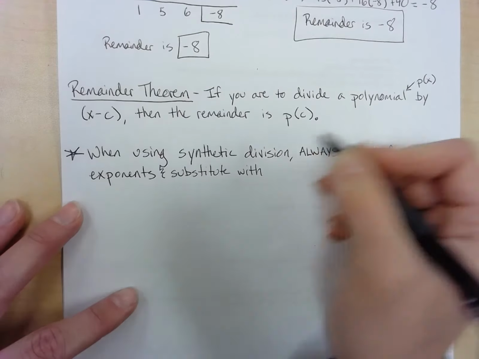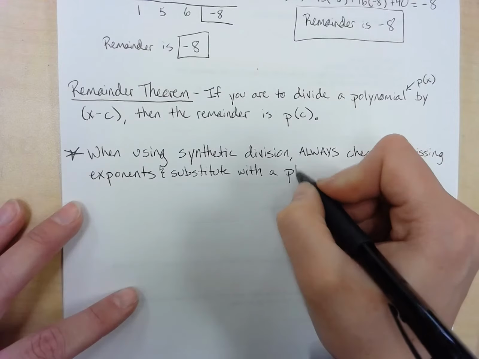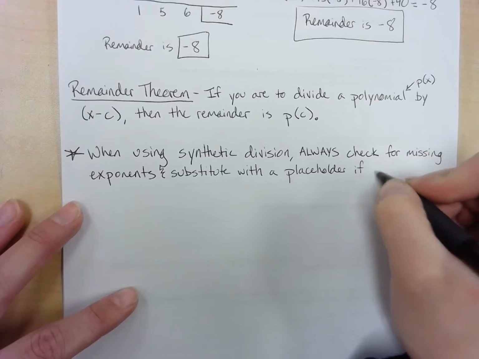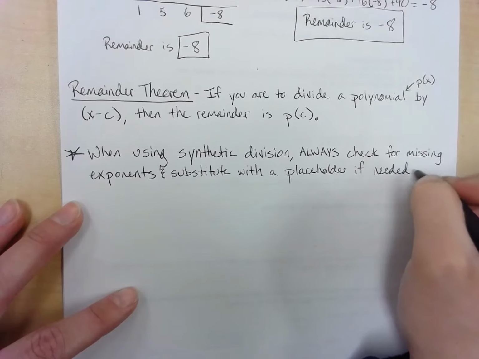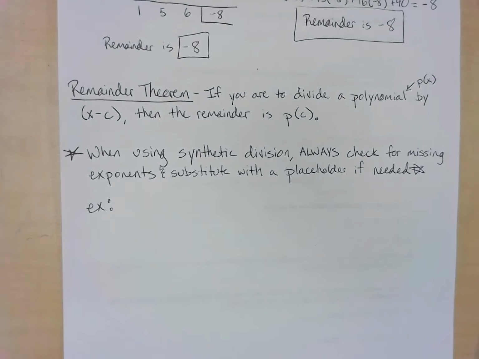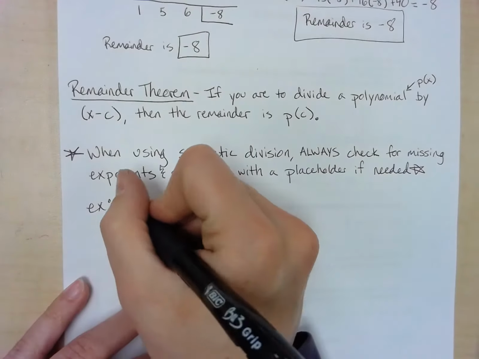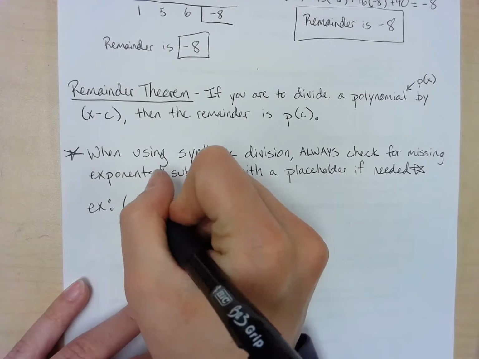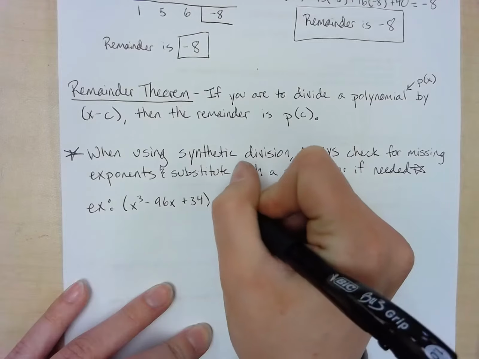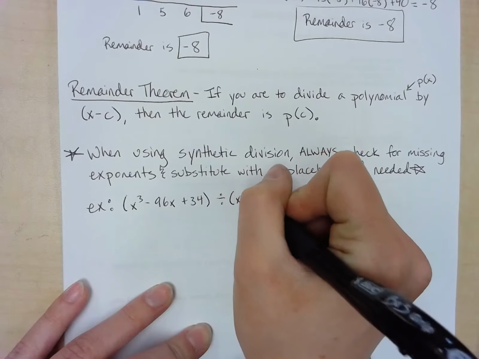And if there are missing exponents, we're going to use a placeholder. Here's an example of what I mean. x cubed minus 96x plus 34 divided by x plus 10.